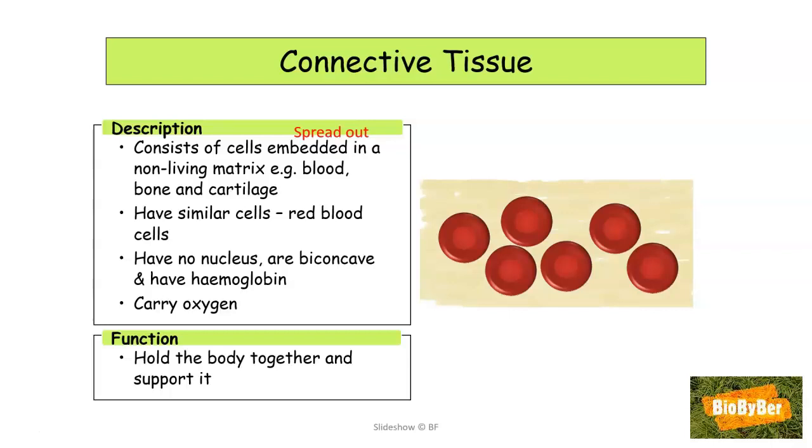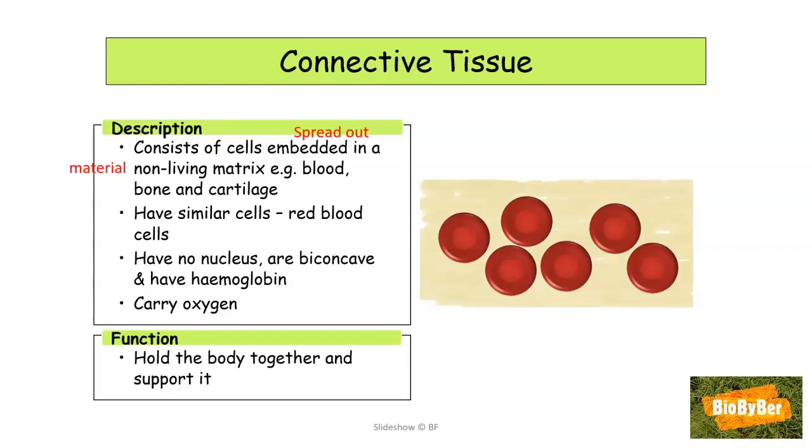Blood, bone, and cartilage are all examples of connective tissue. In cartilage, the matrix is rubbery. In bone, the matrix is hard. And in blood the matrix is liquid or plasma.